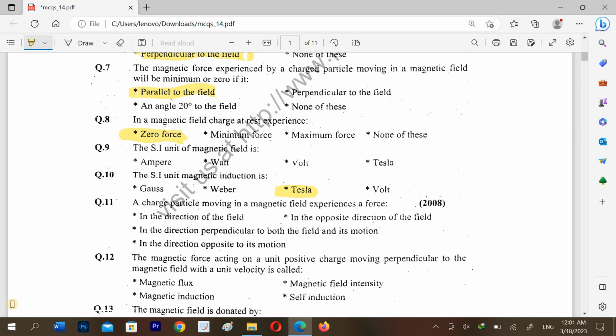A charged particle moving in a magnetic field experiences a force, known as the Lorentz force, and the direction is perpendicular to both the field and its motion.